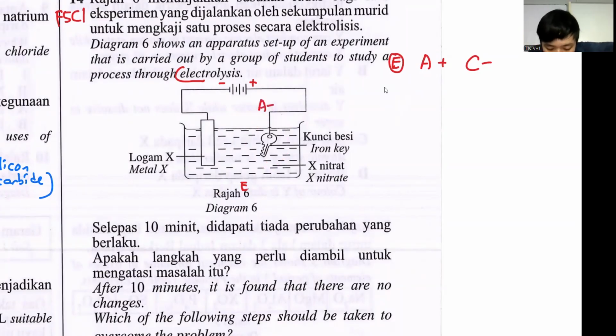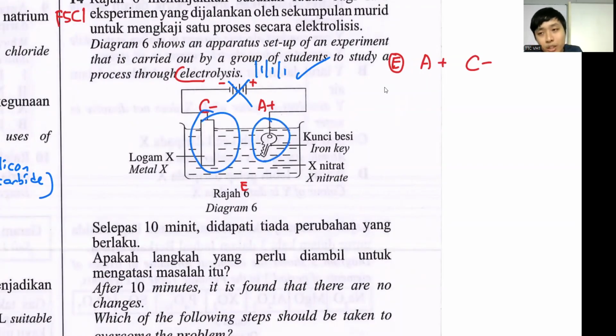But in this case, this doesn't match. So the correct way is the battery should be like this, not like this, it is reversed. You can change the direction of the battery, or you change the setup between the key and the metal X.